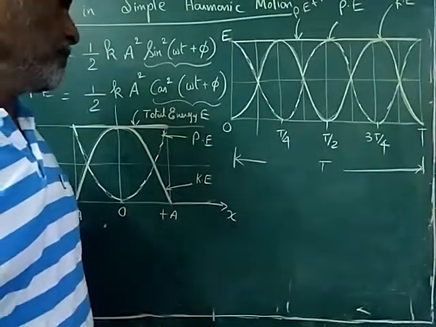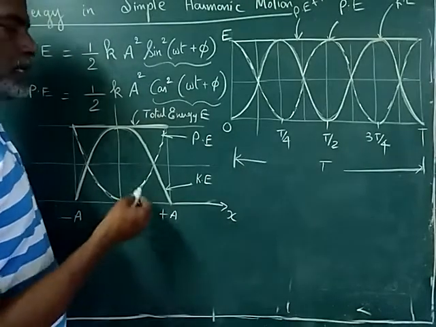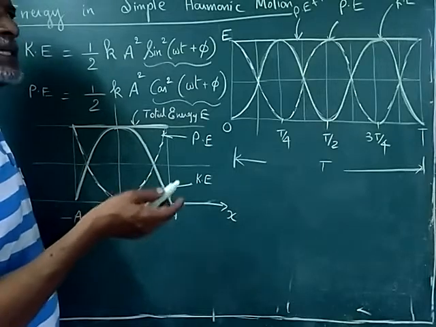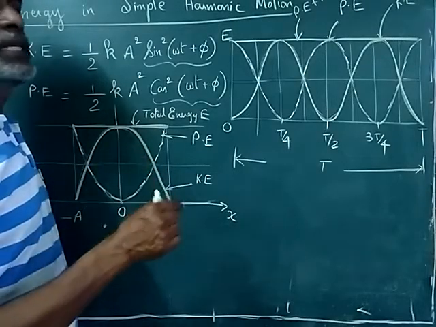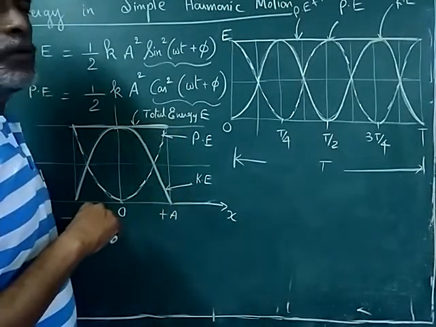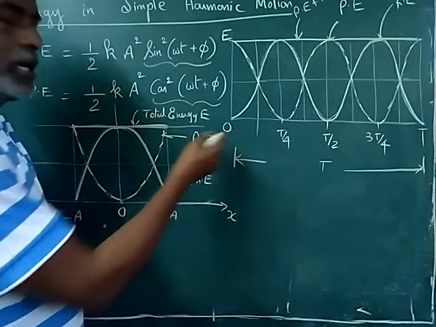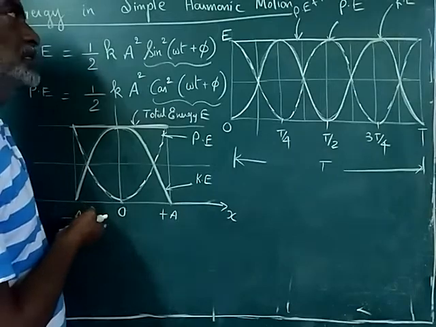The second graph is x-axis displacement and y-axis energy. In both the cases, addition of potential energy and kinetic energy gives a constant value at any point of time here, or any point of displacement in this case.